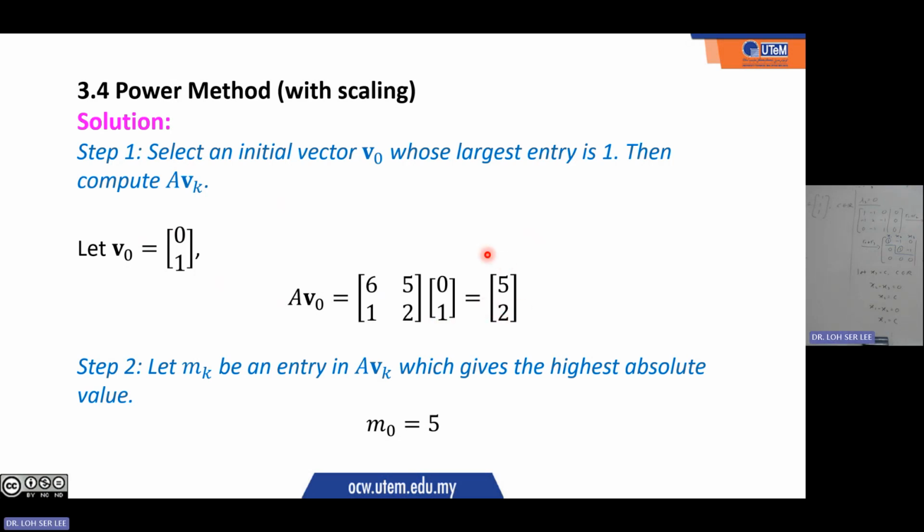Once you get this AVk, we will identify which entry has the largest magnitude, or the highest absolute value. So 5 is the largest one, so your M0 is 5.